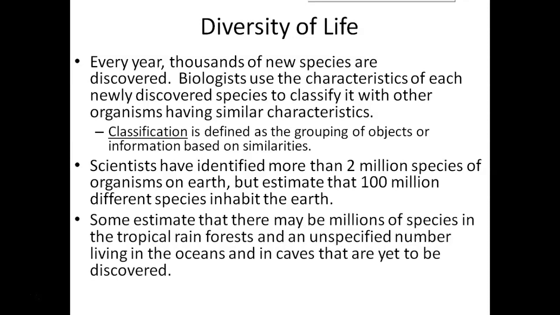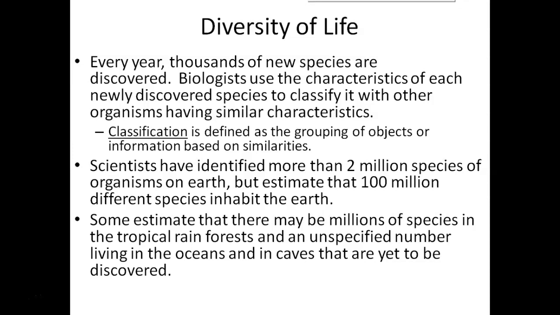And a lot of times it's not even just the microorganisms, because 98 million is a lot of species that we have yet to discover or even know about. And a lot of times I get kids that ask, okay, well, where are they if they're on our planet, but we don't know what they are yet? So we expect to find millions of different species in some of the habitats that you did your Powtoon presentations on.